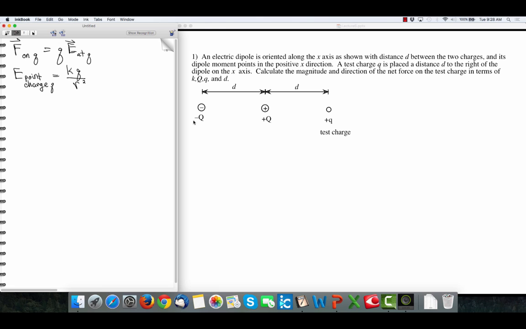2 charges, minus capital Q and plus capital Q. Because they're equal and opposite, they make up a dipole. We can think of them as a dipole. So when it says an electric dipole is oriented along the x-axis, that's what they mean. They also mean the x-axis is horizontal. I'm not sure it says that.